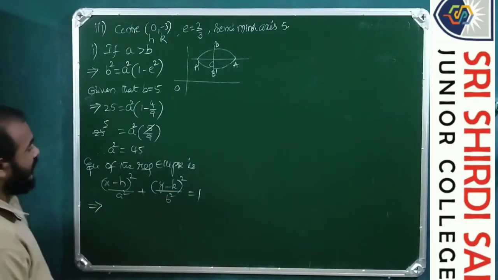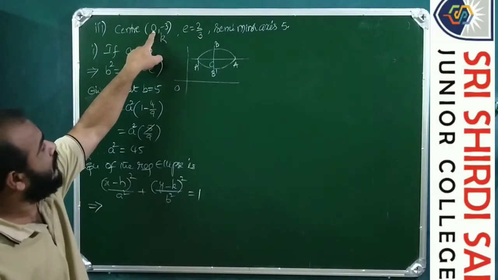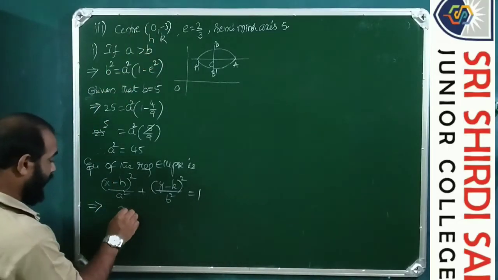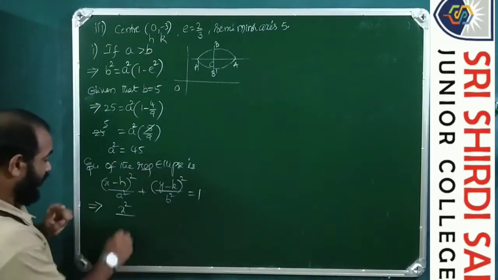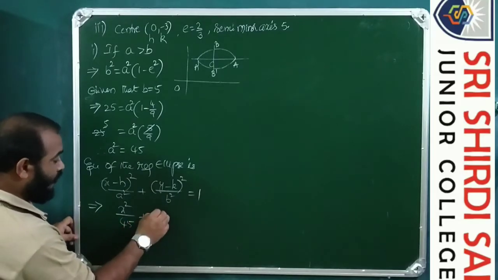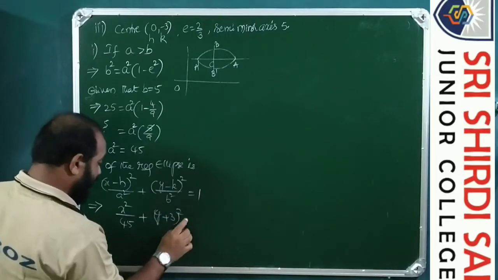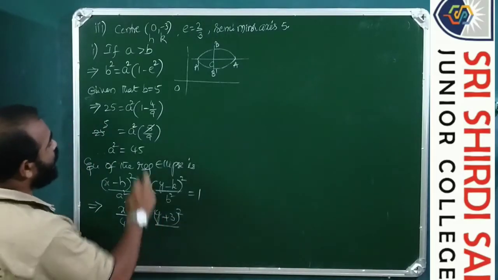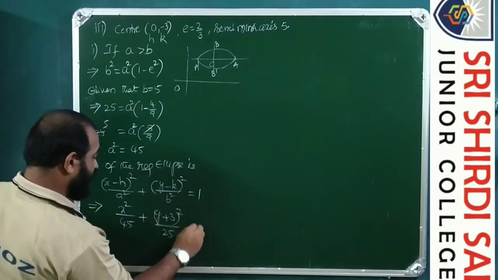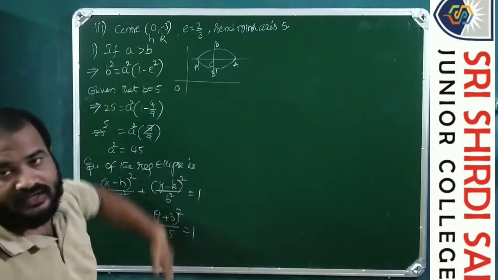So this is x square by A square, which is 45, plus (y plus 3) whole square by B square, which is 25, equals 1. So this is one case.